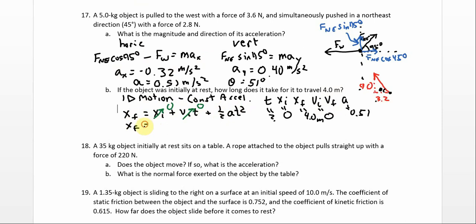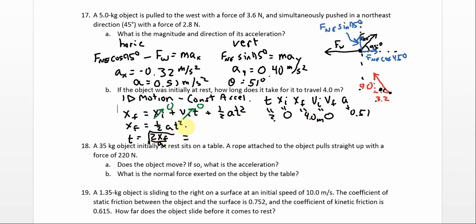So xf is 1/2 at squared. And I can solve for t. Multiply by 2, divide by the a, and that leaves t squared, so take the square root. And plug everything in. So the square root of 2 times 4.0 divided by 0.51.